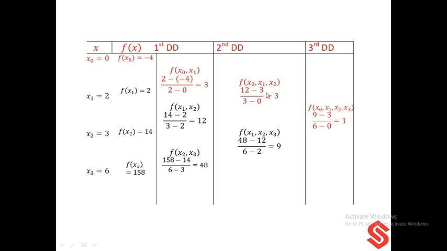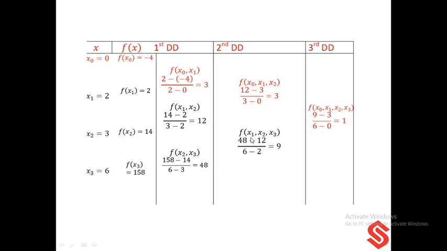Now the second divided difference, f(x0, x1, x2). According to the definition, it is (f(x1, x2) - f(x0, x1)) / (x2 - x0). So we get (12 - 3) / (3 - 0), that is equal to 3.